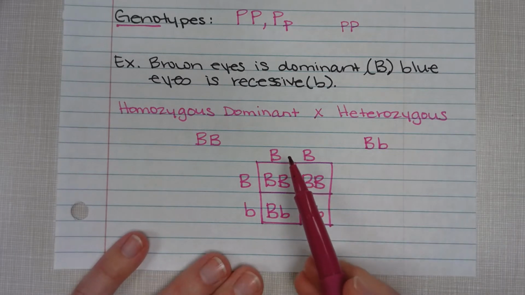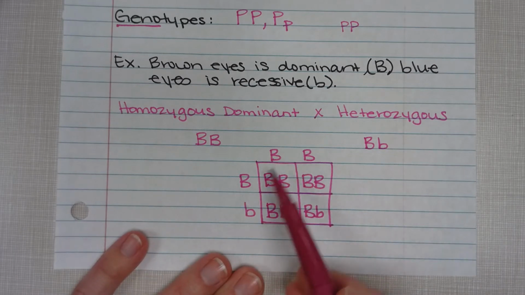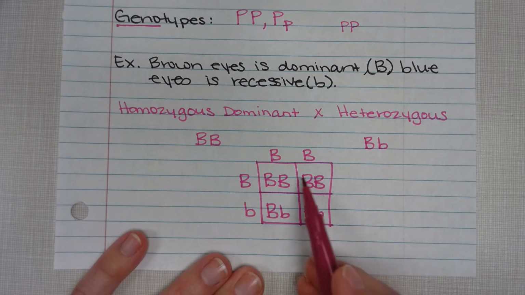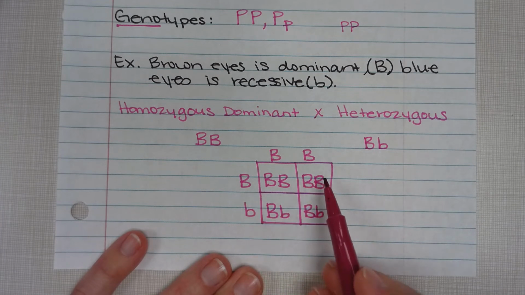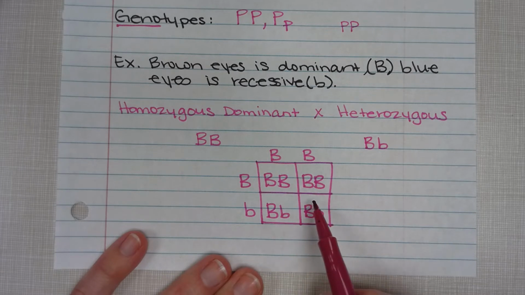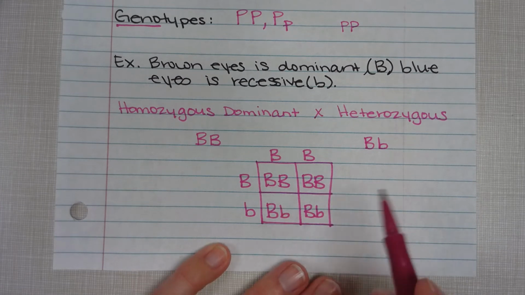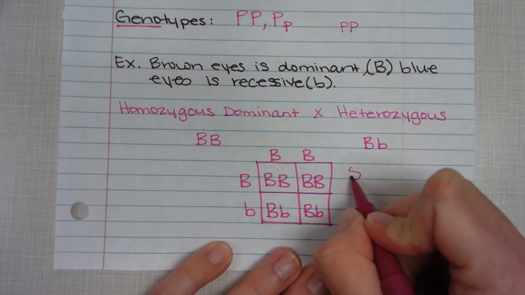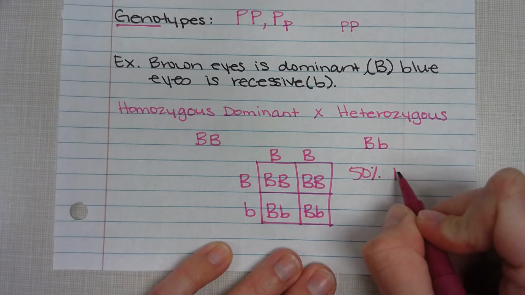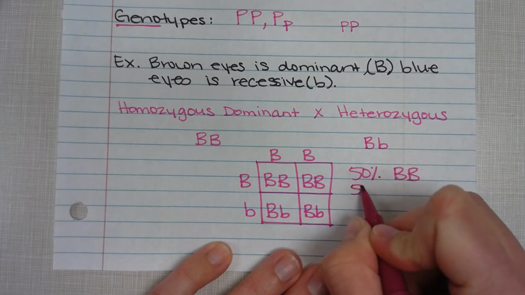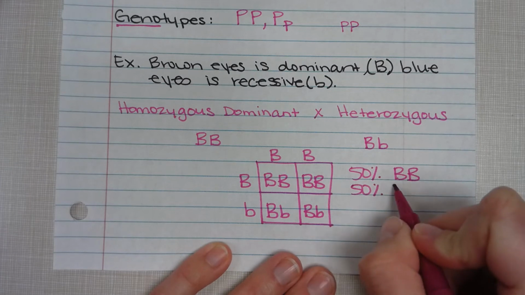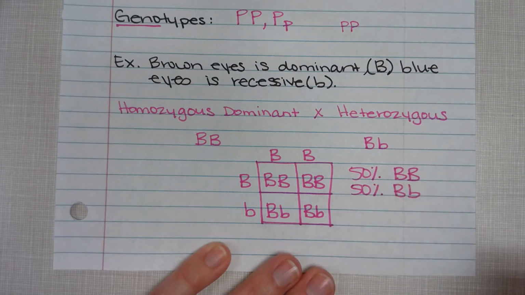So for every offspring that these two individuals have, the likelihood of their children having brown eyes or blue eyes are the results of the middle. So here we look. Okay, so we have two different genotypes. 50% of the genotypes are big B, big B, 50% of the genotypes are big B, little b.